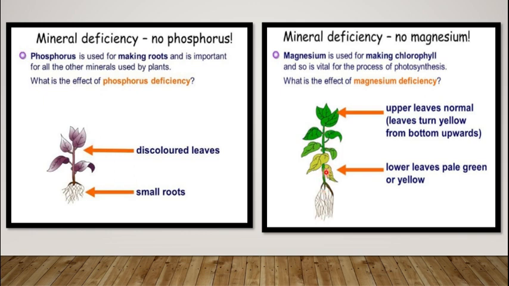The lower leaves become yellow or pale green, while the upper leaves are normal, and leaves start turning yellow from the bottom upward. It shows that magnesium is deficient, or the plant is not using the proper magnesium, or it does not have enough magnesium in it.